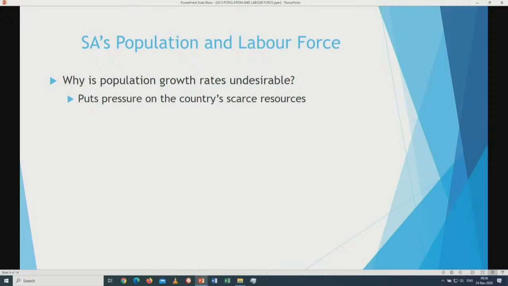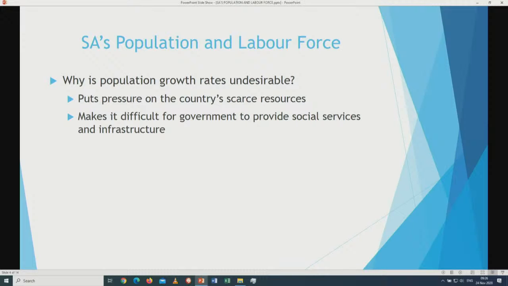Those resources are limited, as compared to the wants, which are unlimited. You can never reach a point where you can satisfy all your wants. So when you compare your wants with your resources, the resources will always be limited. That's why your resources need to be used wisely, prudently, by allocating them to your most basic needs before you look at other levels of needs. Right. So population growth rates are undesirable because they will put pressure on the country's scarce resources.